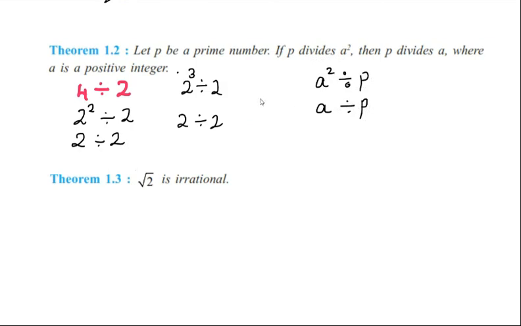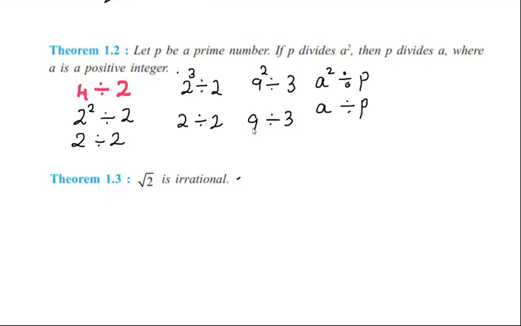For that, this example. Now you take one more number. 9 square is divisible by 3. I took 3 because 9 square is divisible by 3 only. Then what about that 9? 9 is divisible by 3. This we are going to use in this theorem.